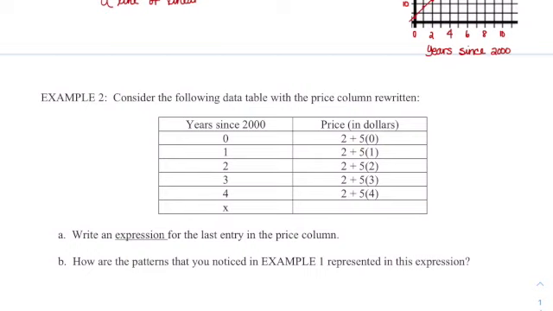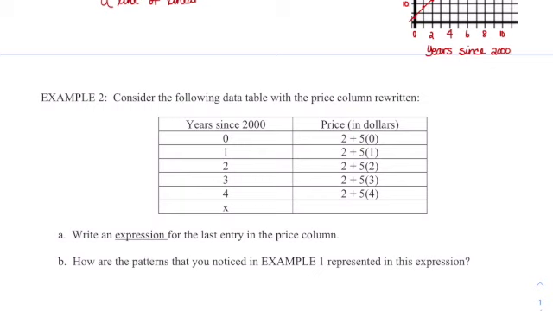An expression, if you remember from chapter 1, is everything with an x and a number, but there's no equal sign. That's the expression. So in this case, to write an expression, you're going to substitute the one with a letter for the number that keeps on changing. In this case, it will be the year since 2000.